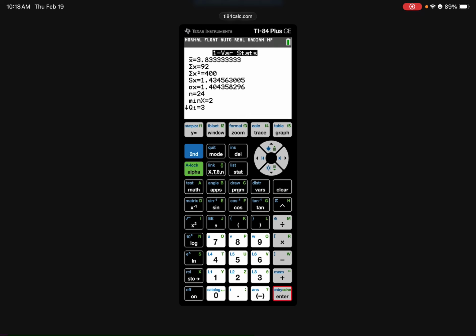And we have our sample mean is 3.83, and our sample standard deviation, remember that's S, is 1.43. The other thing that's worth mentioning here is our sample size. You could count up the number of data values that you have, but the calculator lists that right below. It says N is equal to 24, so that's going to be a helpful piece of information.